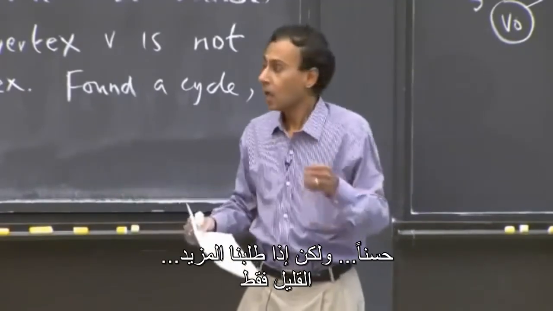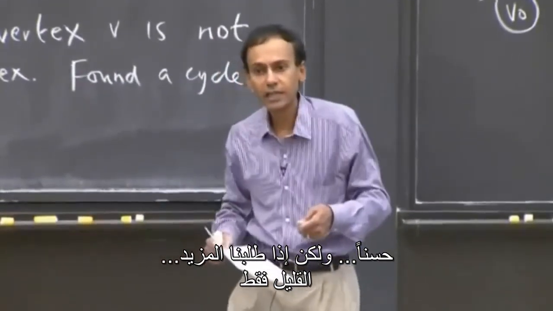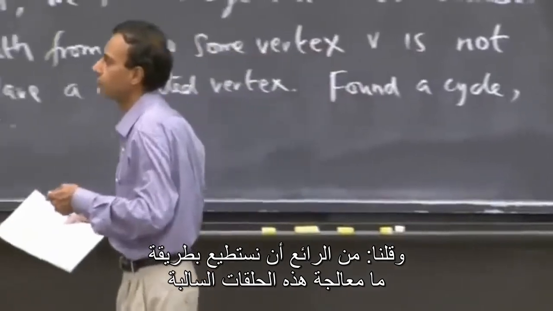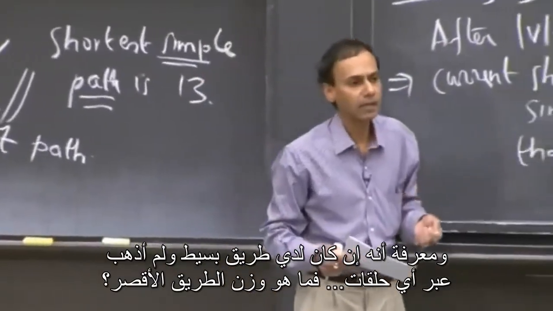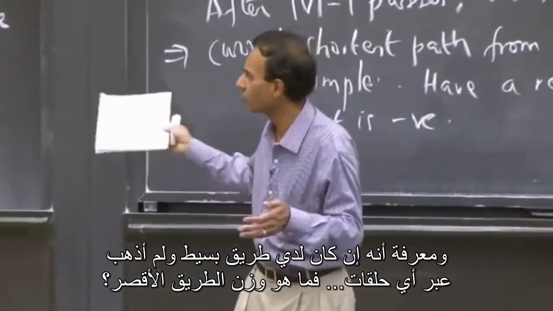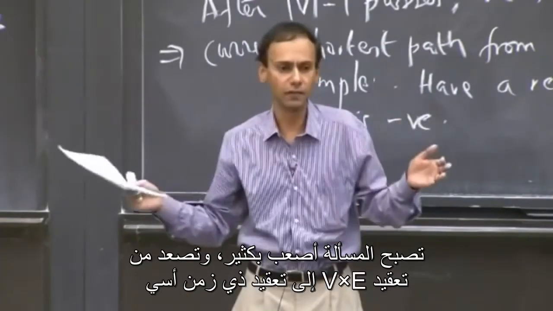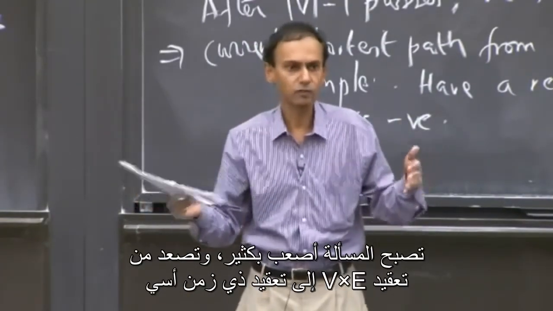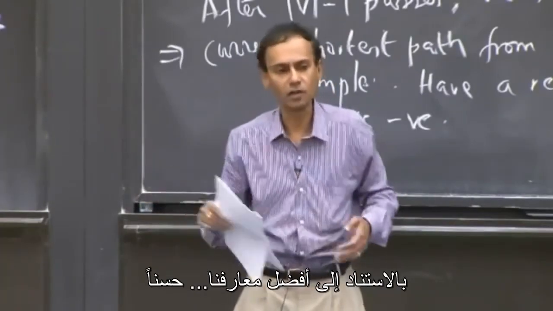But if you ask for a little bit more, and say it'd be great if you could somehow process these negative cycles and tell me, if I had a simple path and I don't go through cycles, what would the shortest weight be? It becomes a much more difficult problem, right? It goes from order of VE complexity to exponential time complexity, to the best of our knowledge.